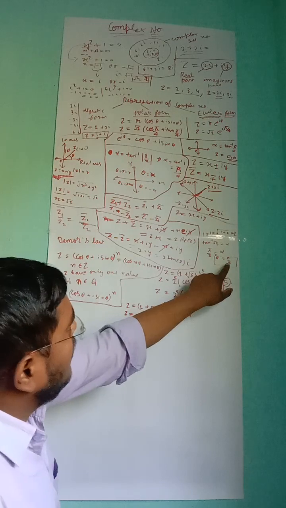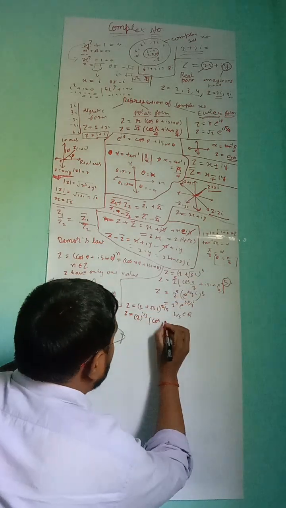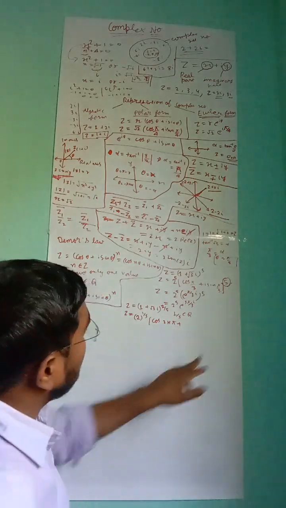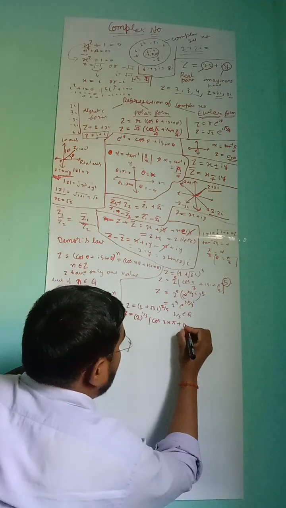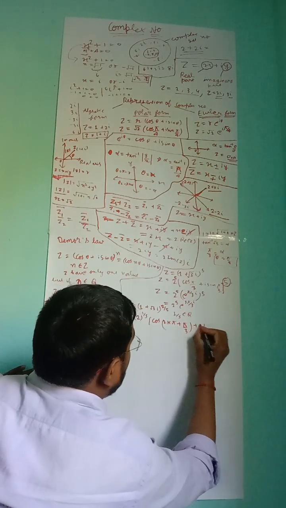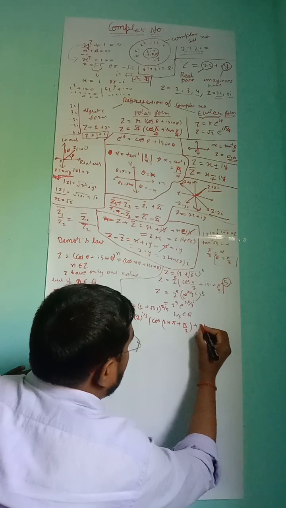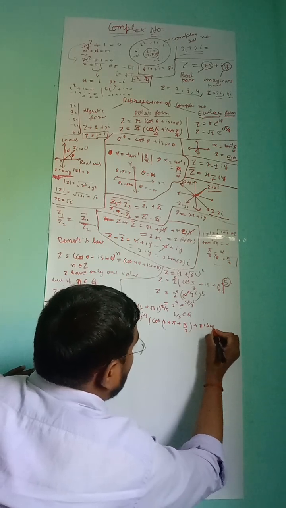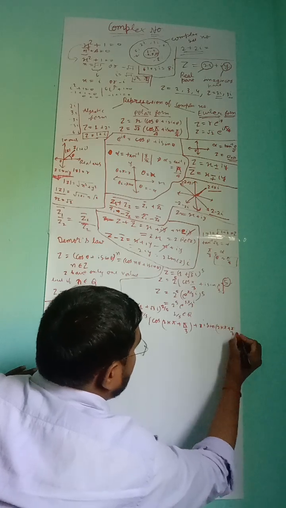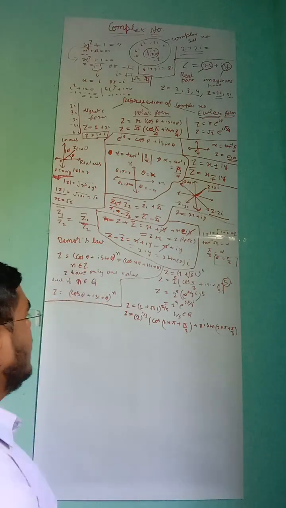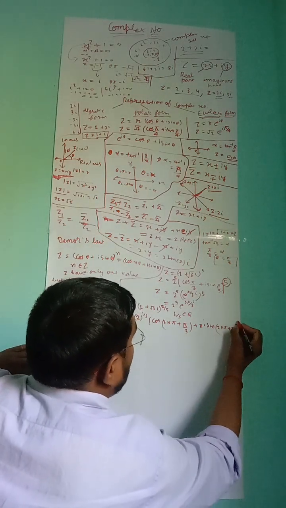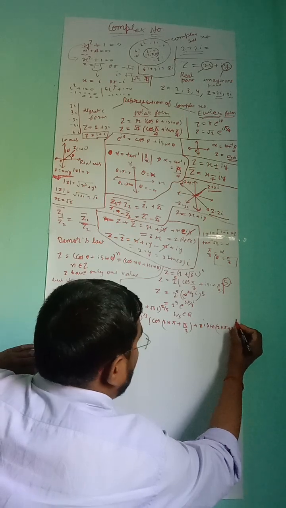Now theta is written like 2k pi plus pi by 3. So cos (2k pi plus pi by 3) plus I sin (2k pi plus pi by 3), power 1 by 5.